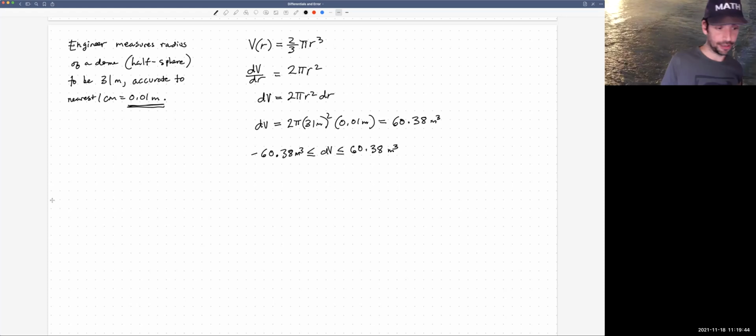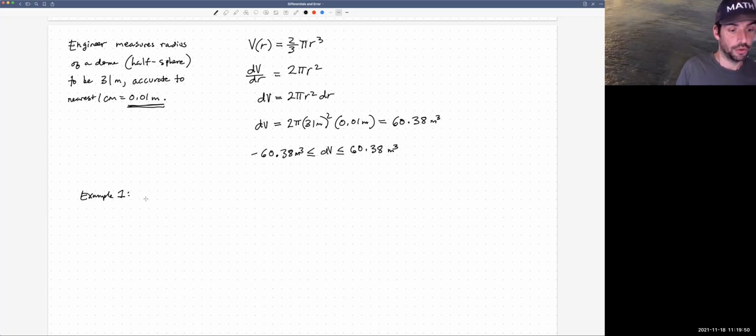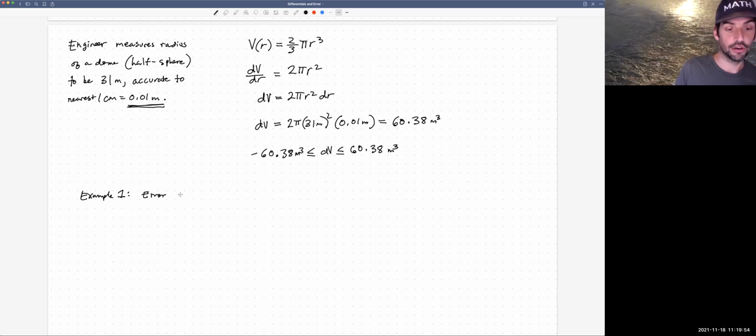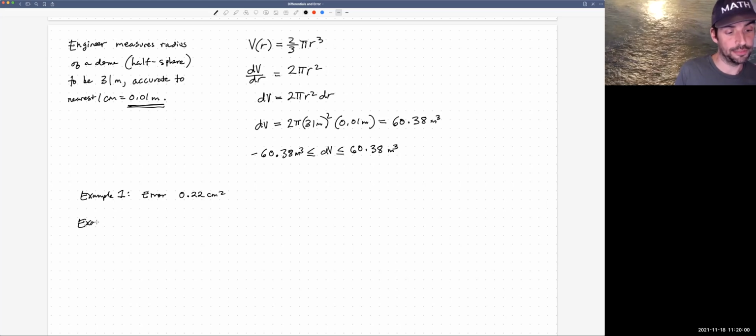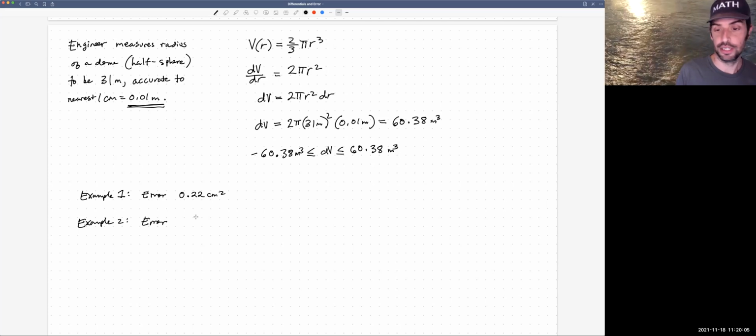All right, now let's look at these two examples. In example 1, our error estimate was 0.22 centimeters squared. In example 2, our error is 60.38 meters cubed, the size of our error.